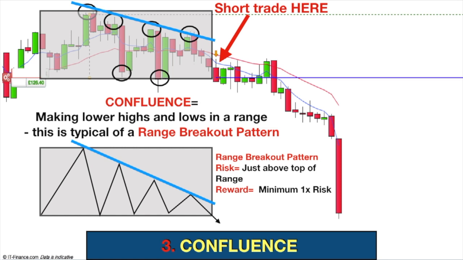The list can go on, and basically as long as you have something tangible and measurable that also agrees with your trade or your market analysis, then you can say that you've got confluence.